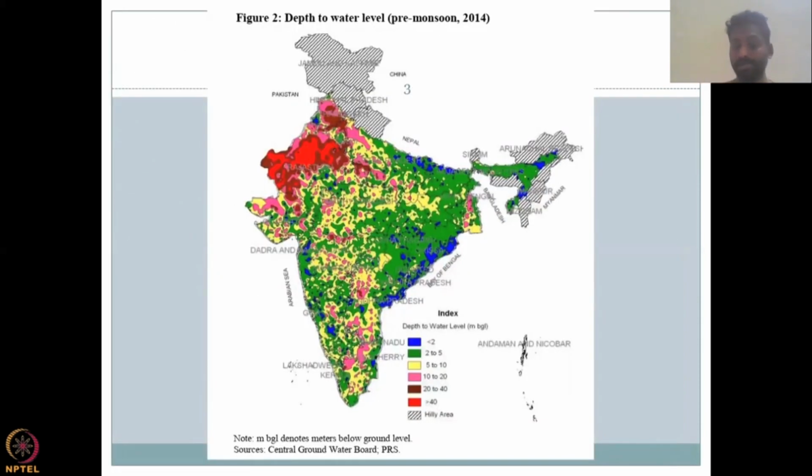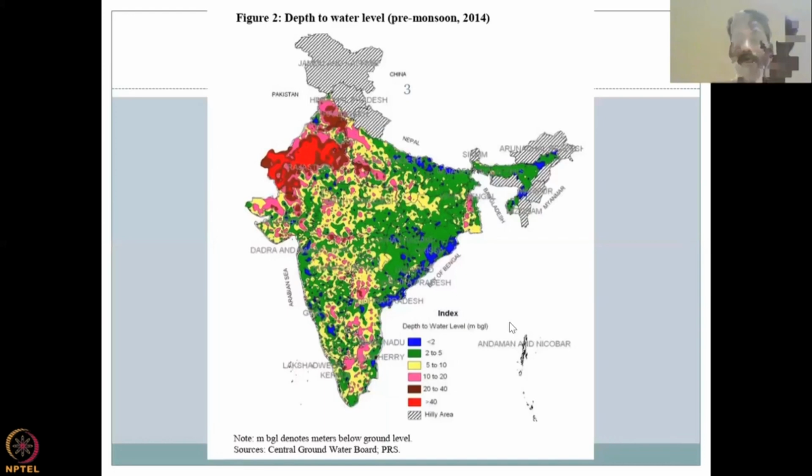So how do we manage groundwater? How do we monitor groundwater? The depth to groundwater level is monitored before the monsoon and after the monsoon. If you take, for example, this image, a pre-monsoon level from the Central Groundwater Board data archive, what does it tell you?